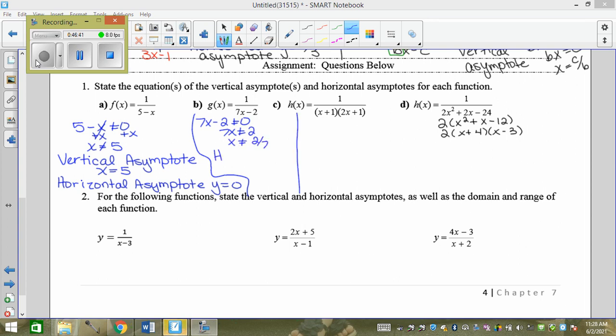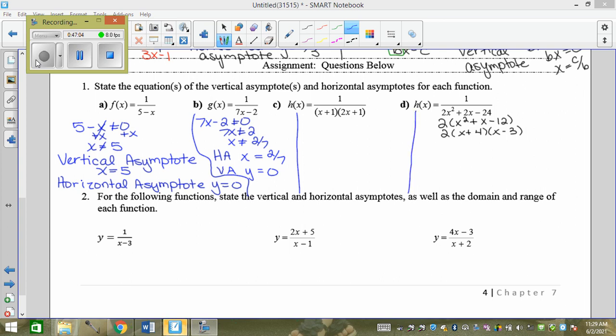So on this, I can go VA, because it's my own notes, x equals 2 over 7. HA, numerator smaller than denominator, so y equals 0. I can do this, but on a test, I'm not allowed to use short form, because then you're assuming they know what the short form stands for when they're marking your diploma, and they may not for next year. So no short forms.